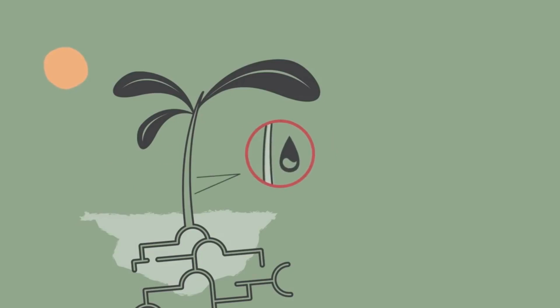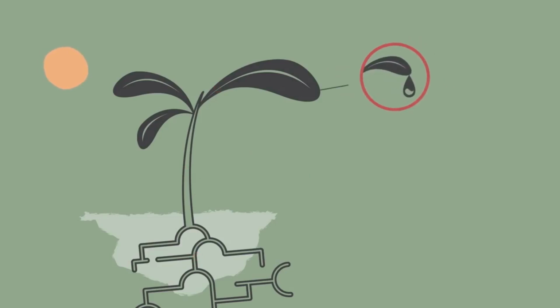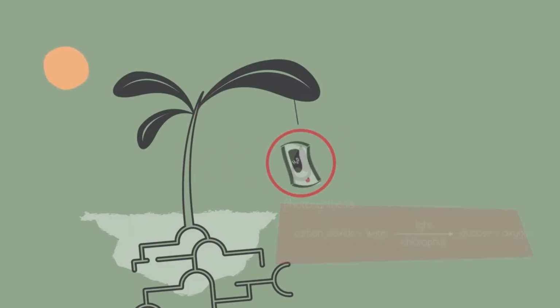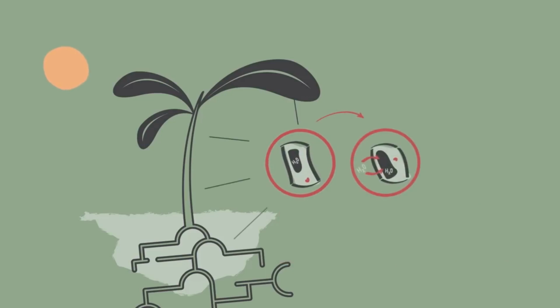Water moves through the xylem vessels from the root to the stem to the leaf. Transpiration at the leaf causes a transpiration pull, and because water molecules are cohesive, water is pulled up through the plant in the transpiration stream. As well as the leaf cells needing water for photosynthesis, water also keeps the cells turgid, which supports the plant.